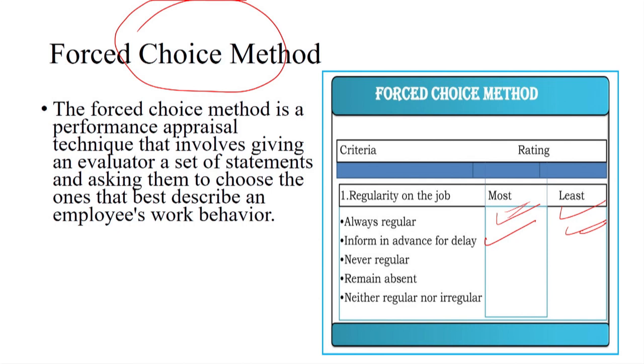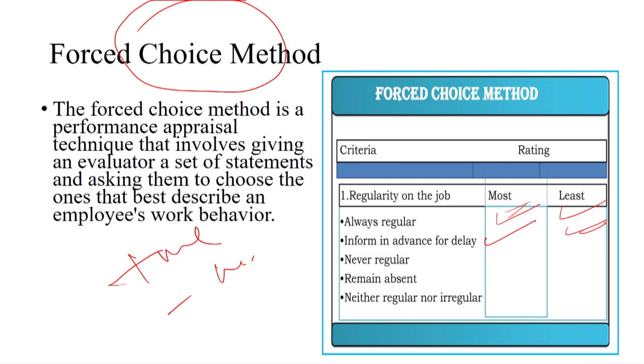For example, there can be some positive statements, and there can be some negative statements also. A pair of negative statements may be as follows: the person makes promises beyond his limit to keep them, or he or she is inclined to favor some employees. So this is a kind of negative statement, yes or no, or most likely, or least.